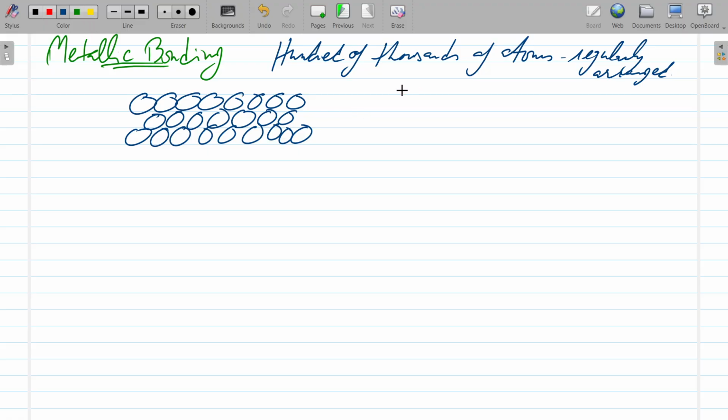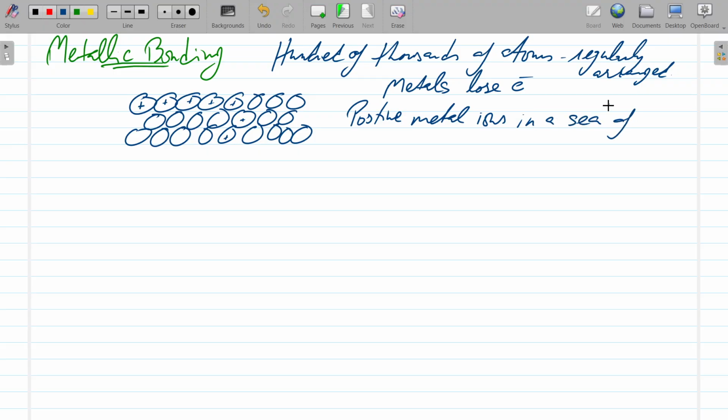and what happens is we know that metals lose electrons. So it could be one, it could be two, it could be three, depending on which metal we're talking about. And so what happens is you have basically positively charged atoms, so you can put a positive charge throughout. You've got positive metal ions in a sea of delocalized electrons.